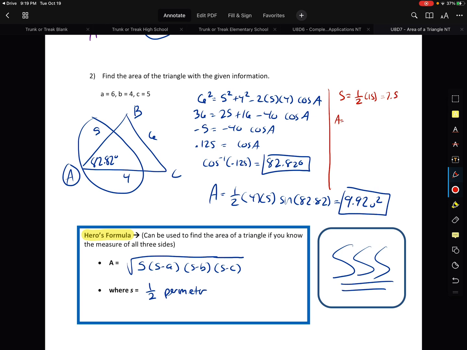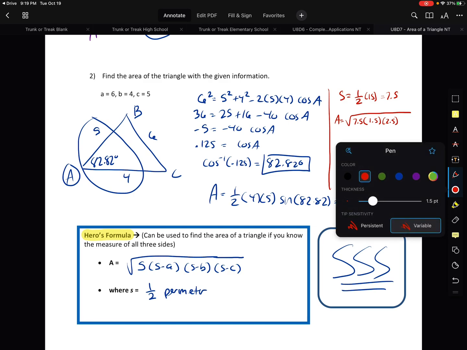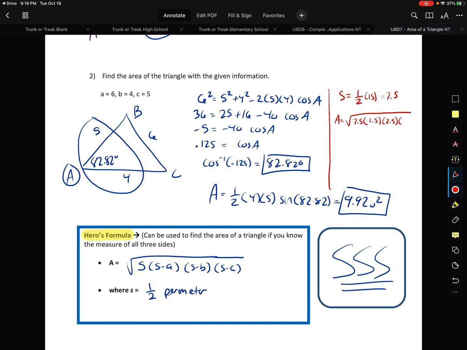So S is 7.5. So our area formula is 7.5. Now it's 7.5 minus 6, so 1.5. 7.5 minus 5, so it's 2.5. And 7.5 minus 4, which is 3.5.